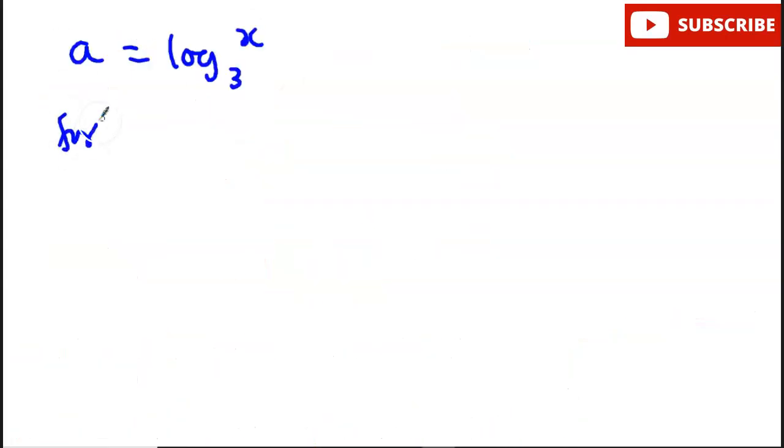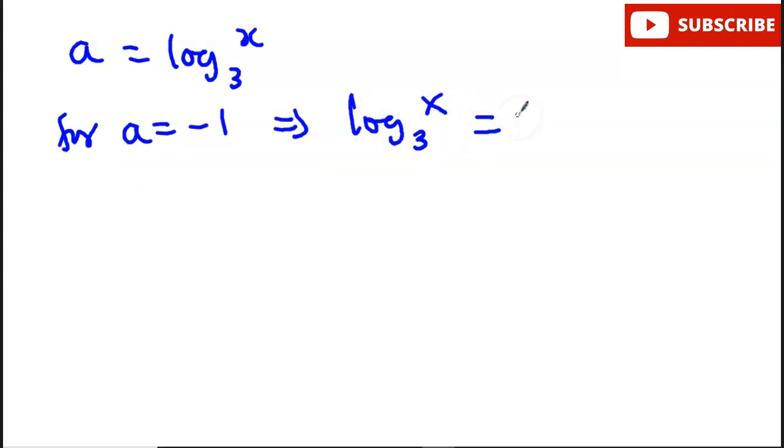So for a is equal to minus 1, it implies that log x to the base 3 is equal to minus 1. So by definition, x will be 3 raised to the power minus 1, which is 1/3.